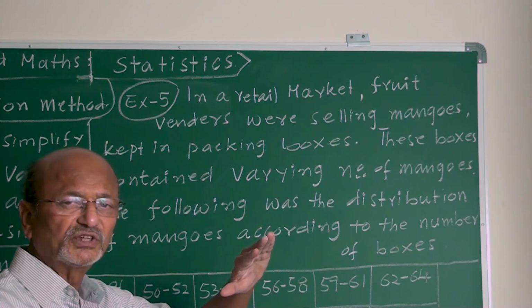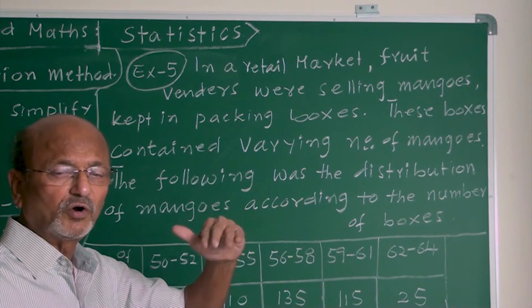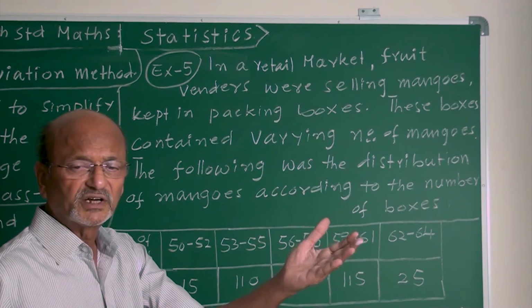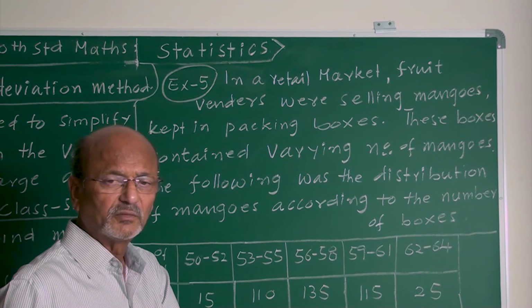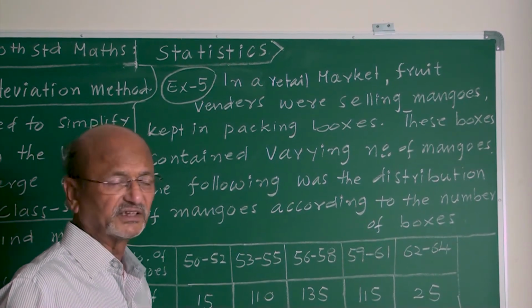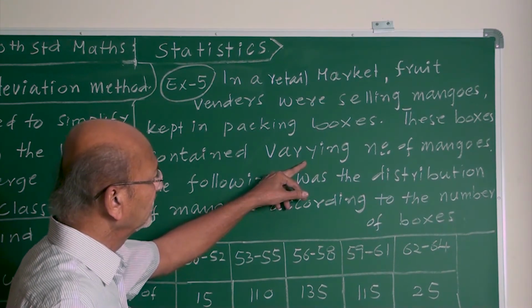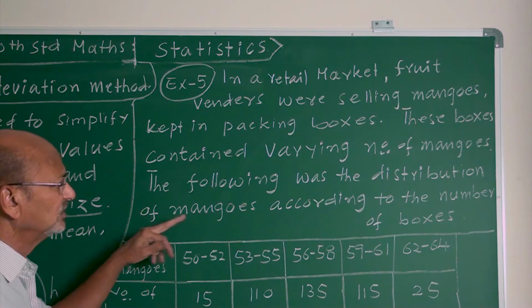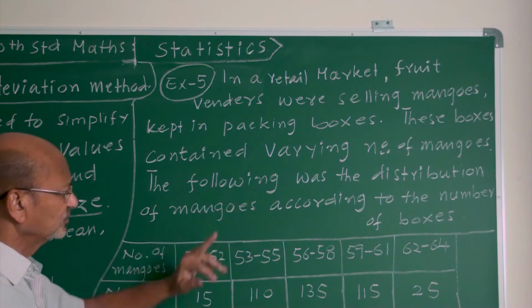That number of mangoes changes from box to box. If one box contains 10 mangoes, another box contains 15 mangoes, another box contains 12 mangoes, like that, my friends. The following was the distribution of mangoes according to the number of boxes.